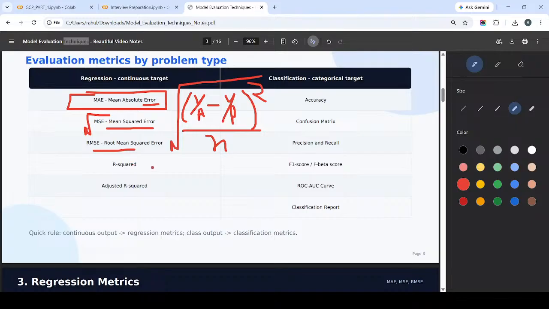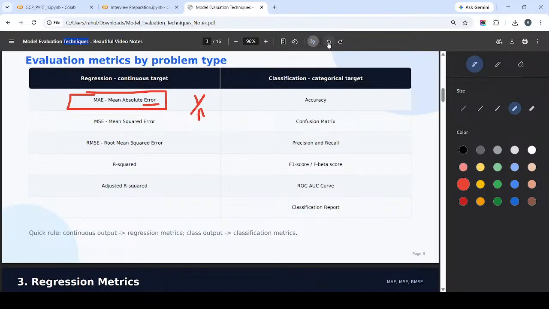Then comes the R squared. What is R squared? It is the proportion of variance explained by the model. What do you mean by proportion of variance explained by the model?